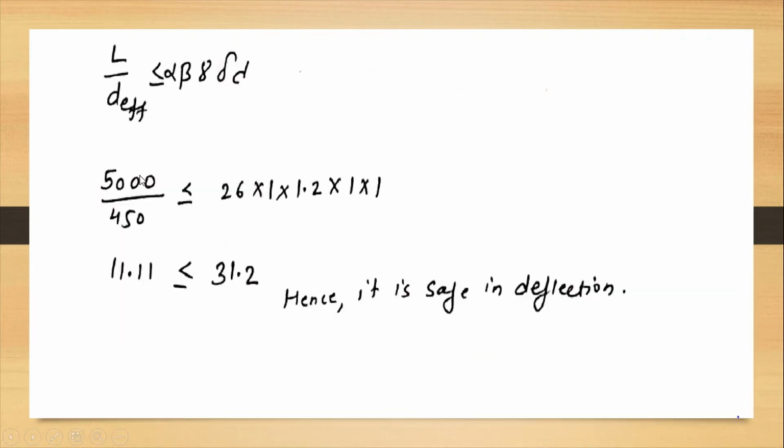By putting the values of clear span and d effective, we are getting 11.11 on the left hand side, and by putting the values of alpha, beta, gamma, delta, lambda on the right hand side, we are getting 31.2. Look here, 11.11 is less than 31.2, it means it's satisfying our conditions, so it is safe in deflection.